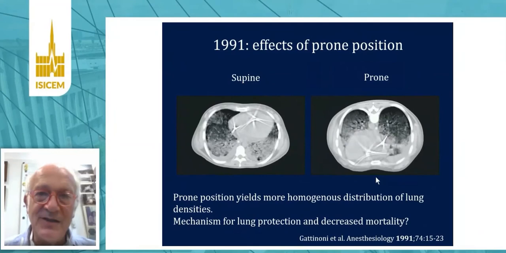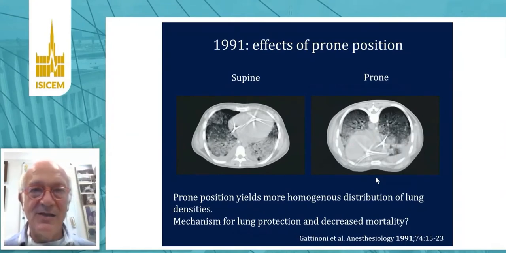The other important application of CT scan as far as physiology is concerned was, and still is, that it is possible to verify whether moving the patient from supine to prone, we actually can increase the amount of aerated lung.